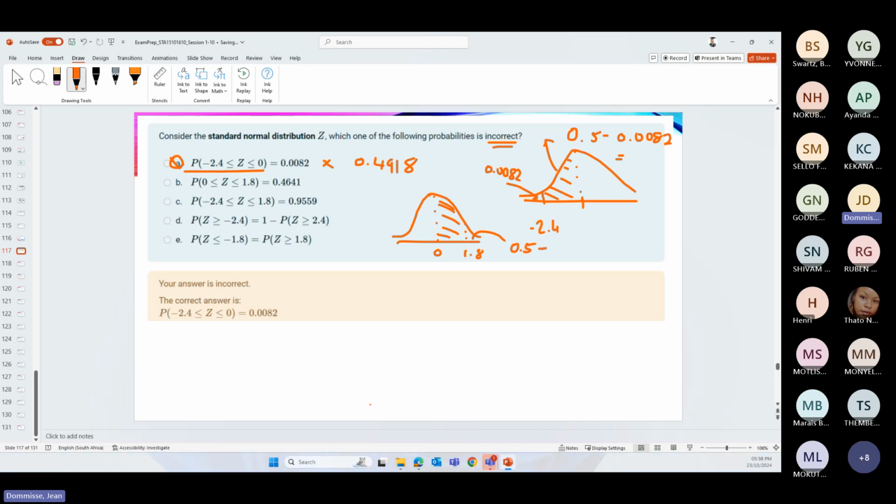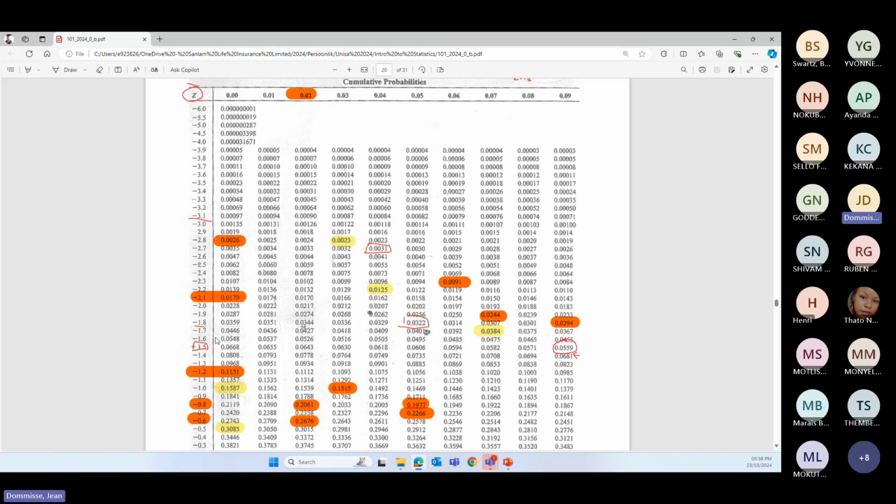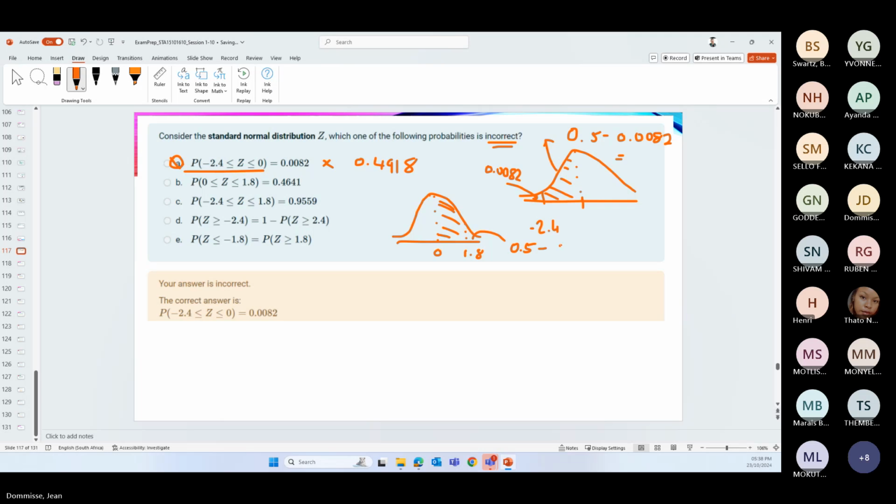So let's see what is minus 1.8: 0.0359. So 0.5 minus 0.0359 gives us 0.4641, which is correct.